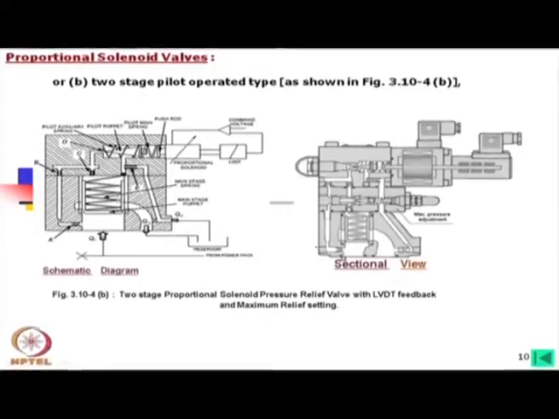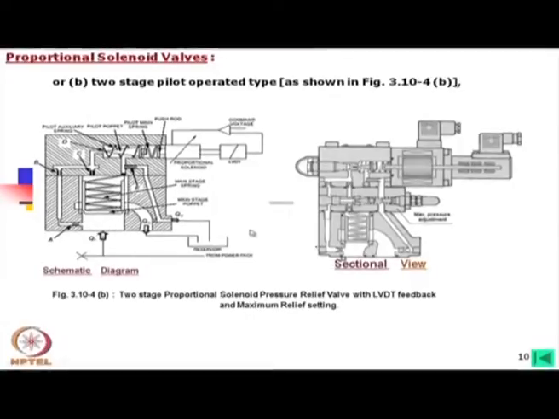As there is a constant flow, there will be a pressure drop on this side, and then due to this differential pressure it will still remain closed. This pressure will be less, but there is an additional spring. So, that spring force plus this pressure force is more than this force. So, it will remain closed.